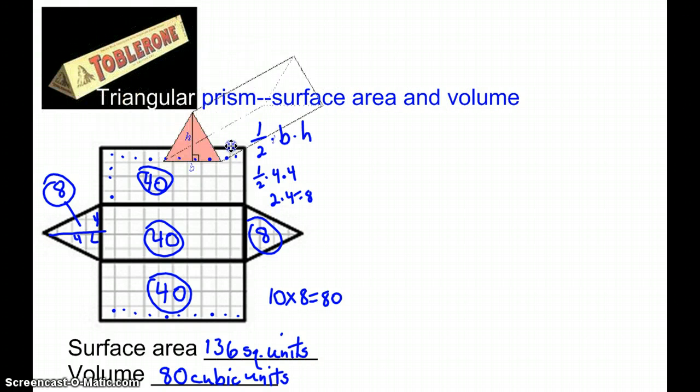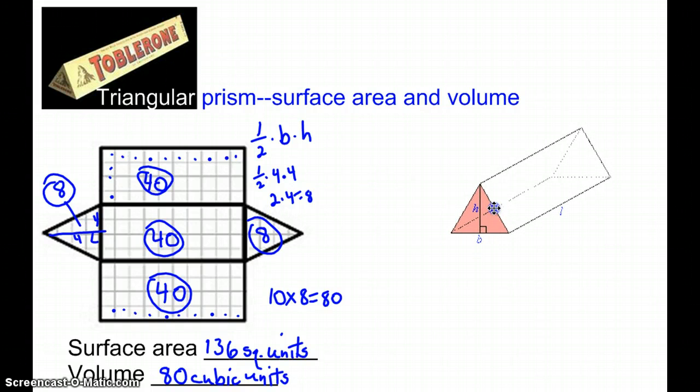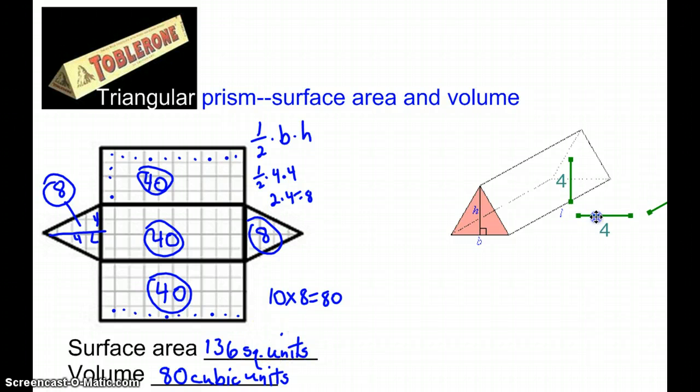So you can see that here's our regular triangular prism, and we have been given dimensions. We have been told that the base is here, the length is here, and the height is here. Based on these dimensions of this net, our triangular prism has a length of 10, as we can see here.